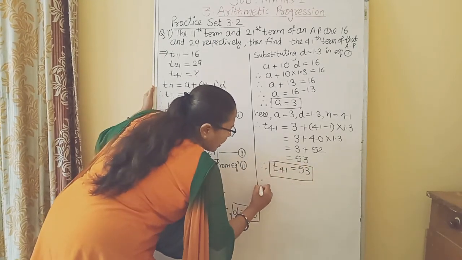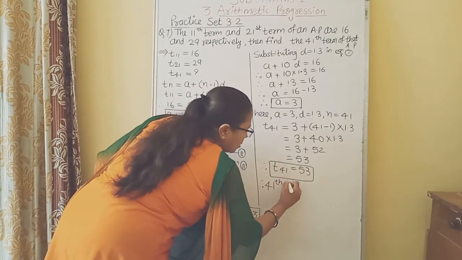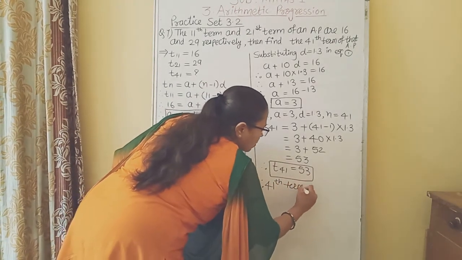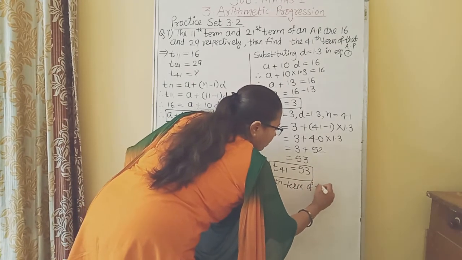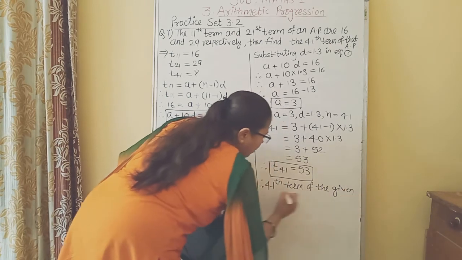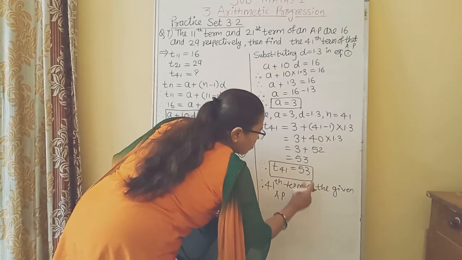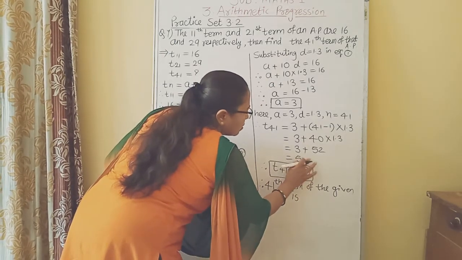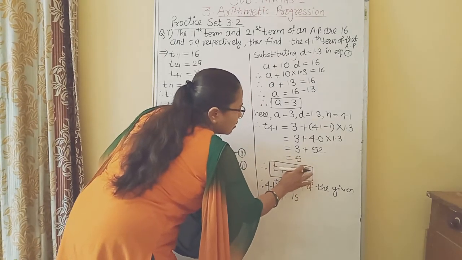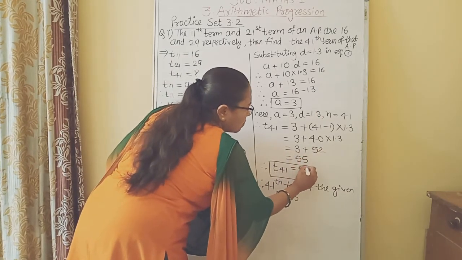And therefore, we can write the answer: the 41st term of the given AP is, sorry, see here there is a mistake, 3 plus 52 is 55.